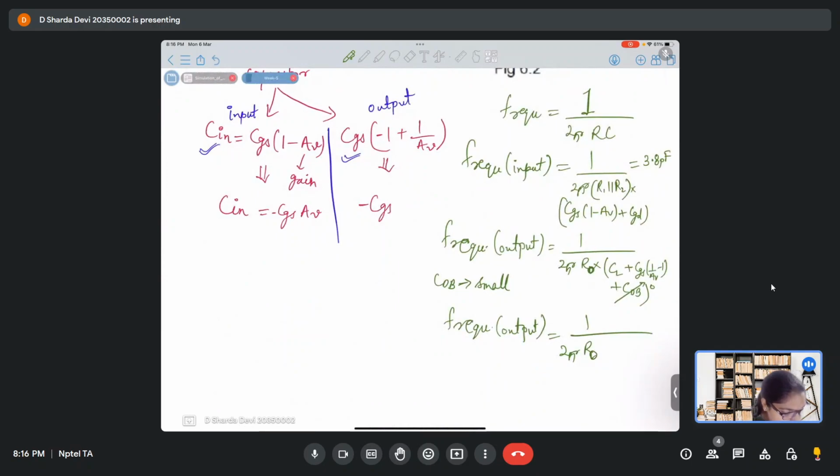If lambda were 0 it would directly be RL, but here we have a lambda factor, so it will simply become R naught, which we found out last time, into CL plus CGS times (1 by AV minus 1). So when we put in all the values and solve it, the frequency that we'll get is 4.54 megahertz.